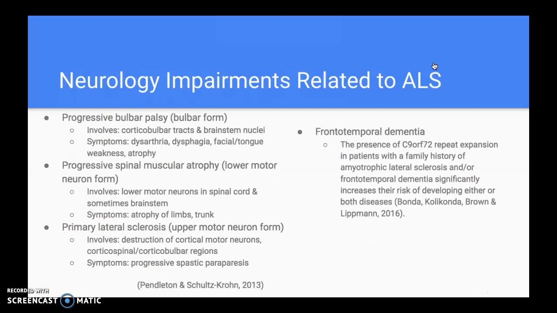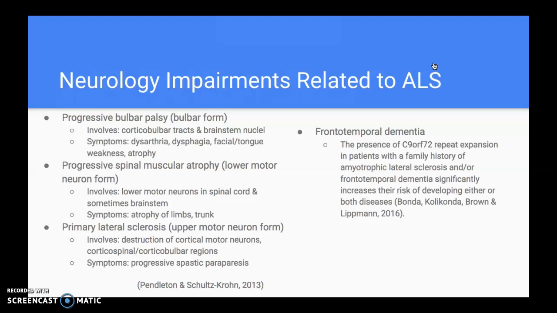So, neurological impairments related to ALS. We have progressive bulbar palsy, which is a bulbar form, and it involves the cortical bulbar tracts and brainstem nuclei. Symptoms include dysarthria, dysphagia, facial and tongue weakness, and overall atrophy. There's also the progressive spinal muscular atrophy, which involves lower motor neurons in the spinal cord, and sometimes there's brainstem involvement.